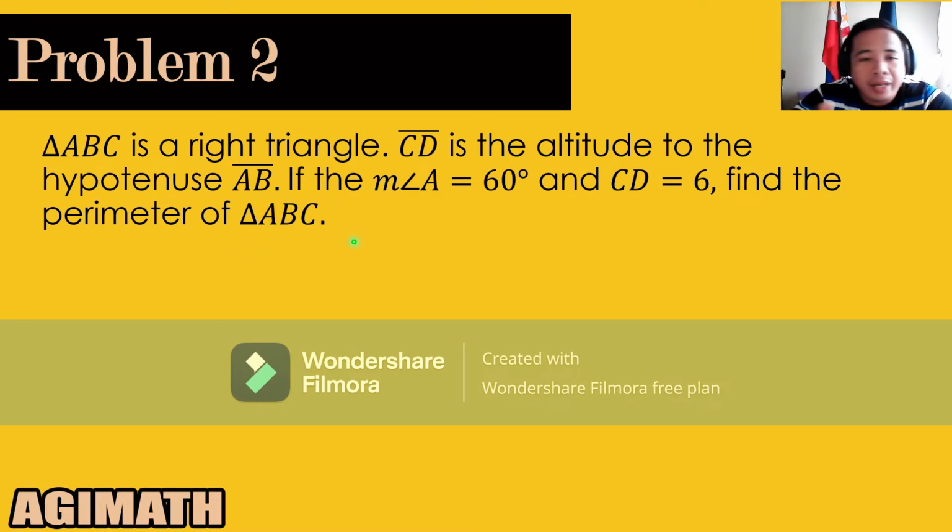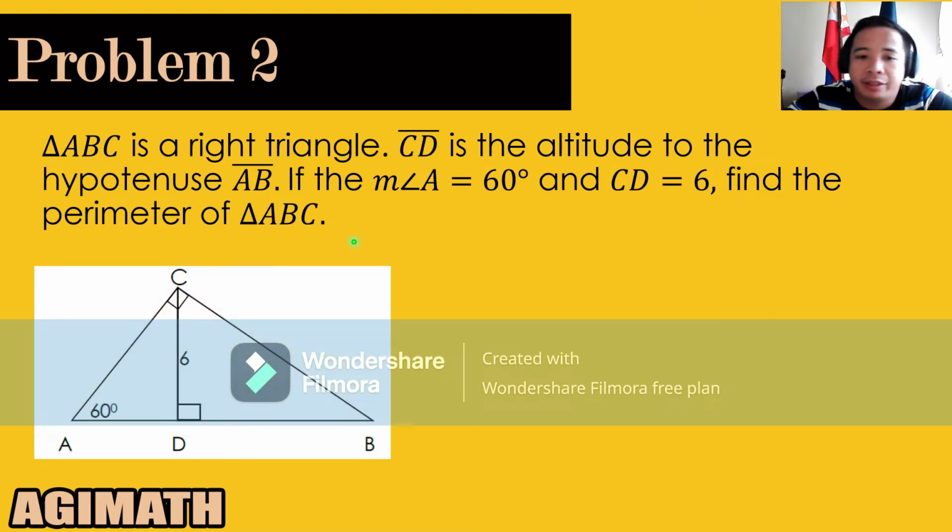Again, in solving any geometry problems, start with the figure. And in this problem, the figure is given to be like this. So we have triangle ABC is a right triangle. Again, it should be triangle ACB because the right angle is at C, but let us just consider authors have different preferences.